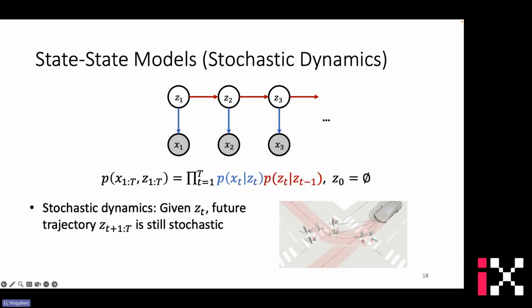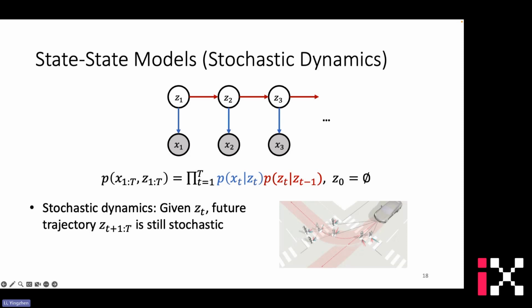When we talk about stochastic dynamics, the idea is the following. It says that even given the current latent variable zt, the future trajectory of zt can still be stochastic. One example that is easy to understand is simulating autonomous driving, like a car path sequence.